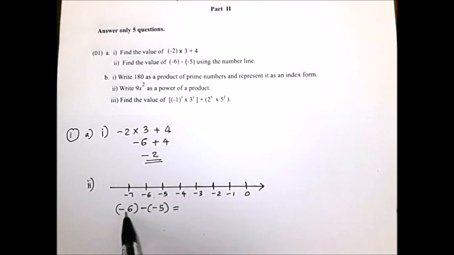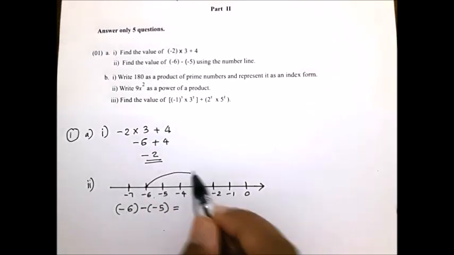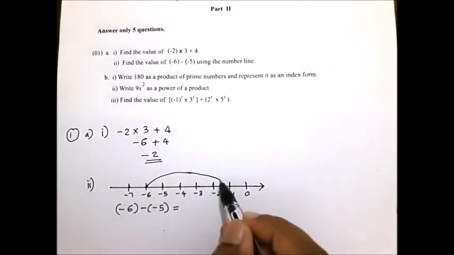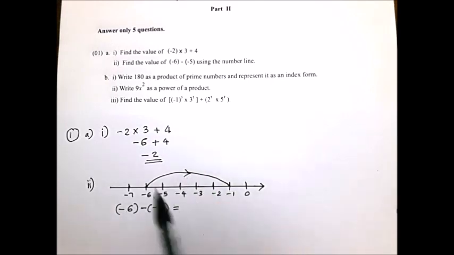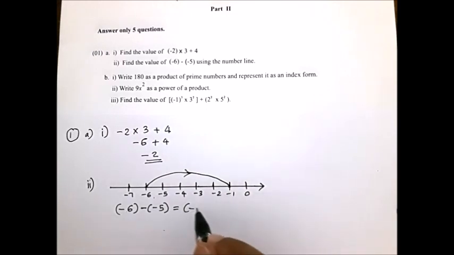Start from minus 6 and move right side 5 units. Here 1, 2, 3, 4 and 5. Ending one is minus 1. So answer is minus 1.